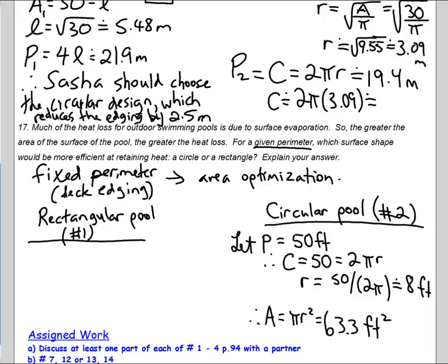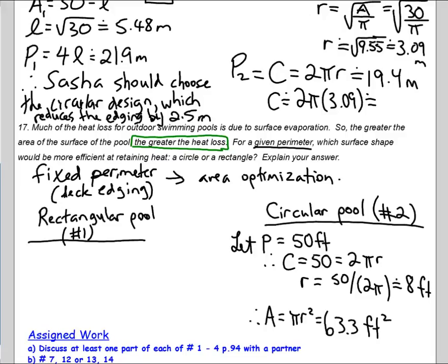This is actually area optimization, but we don't want the highest area. We actually want the lowest area, because the more the area, the more the pool will cool. So we actually want to keep in mind that the biggest area is going to contribute to the greater heat loss, which is undesirable.